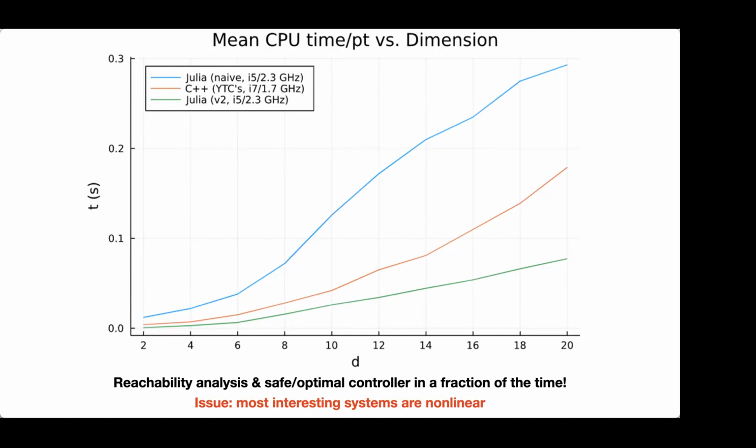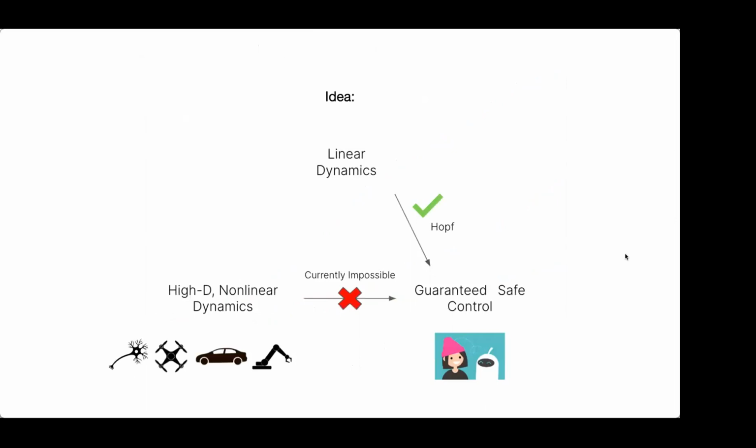There are many applications for this already, but the types of biological systems that Will came to me with are ones for which we would have to be able to handle some nonlinearities. Okay, so if we have linear dynamics, we can do this Hopf reachability analysis in order to get the safe control. So now the question is, can we find some connection between here to here? Can we take nonlinear dynamics and find effective ways of linearizing them?